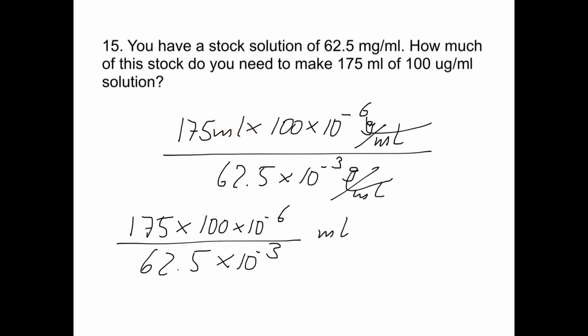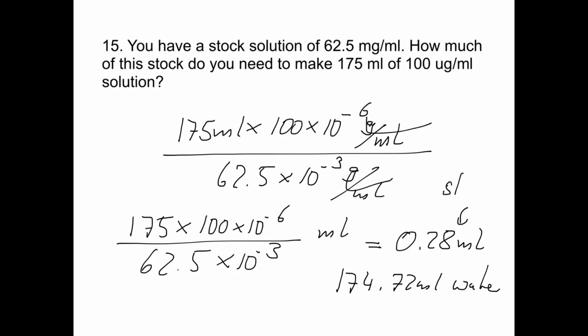So if I put that into my trusted calculator, I get 0.28 milliliter, and of course then the rest, which would be 174.72 milliliter of water. And this here was, of course, the stock solution.